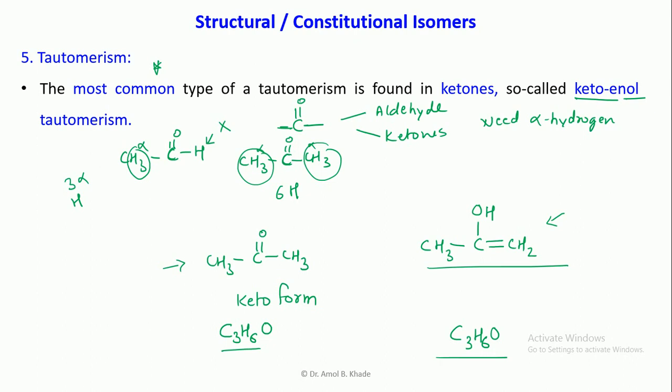Now what happens in this case? The alpha hydrogen is rearranged. Here you can see there is a C double bond O. One bond has been broken, and because of that it has rearranged in this fashion. So it becomes an alkene here. There was a single bond, now the single bond is converted into a double bond.